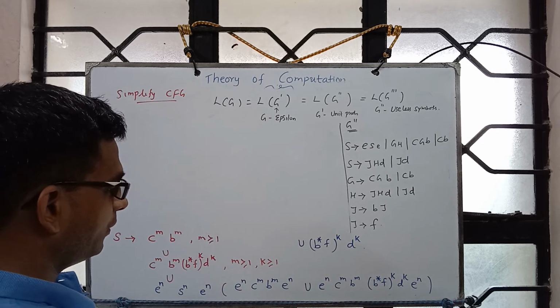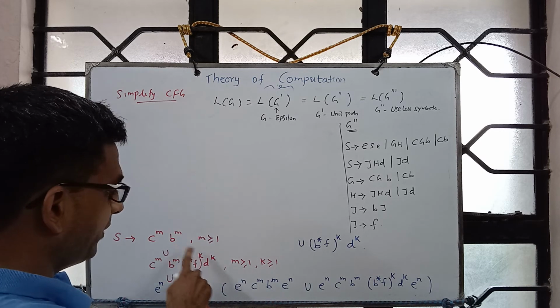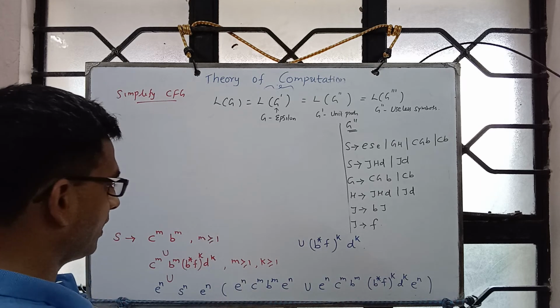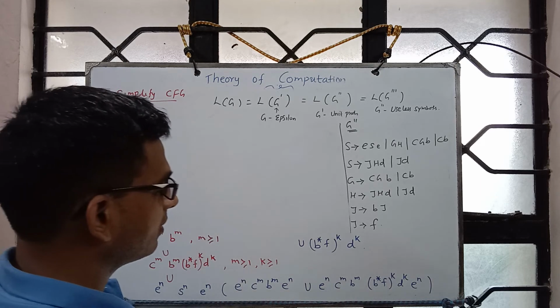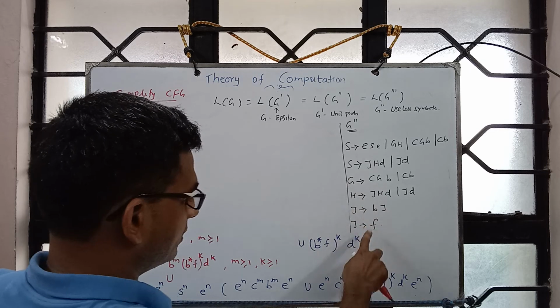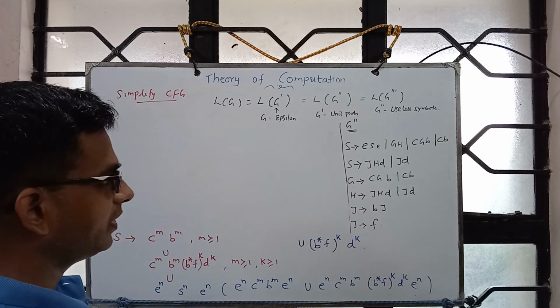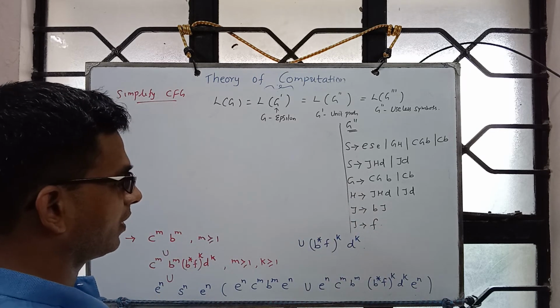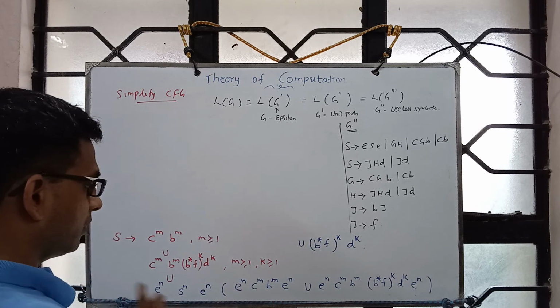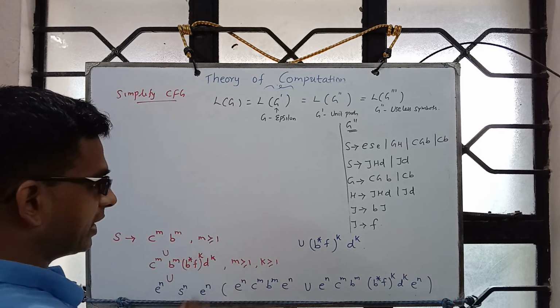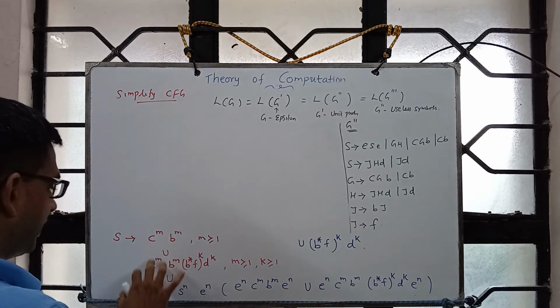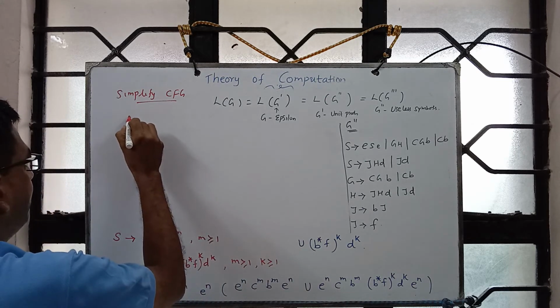But if we do that, then what will happen? We may end up generating empty string, and whereas the empty string is not part of the language. Okay, so to ensure that we don't run into problem, let me write like this for better clarity.